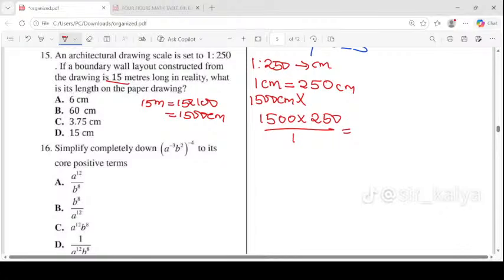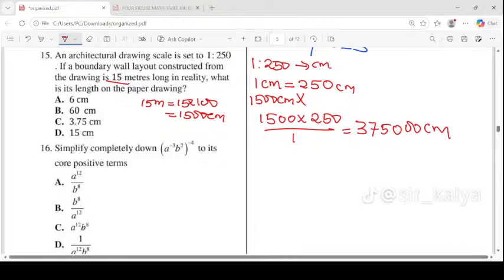Let me see. 1,500 times 250 gives you 375,000 centimeters. But when you look at the multiple choices, do we have that as our answer? We don't have that as part of our answer.